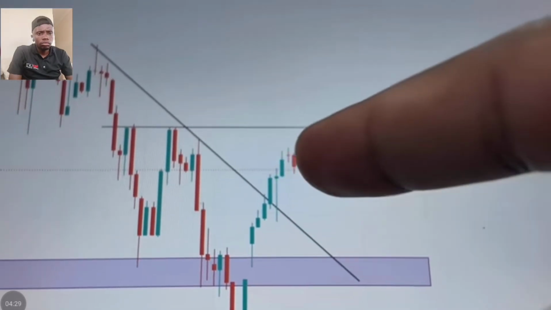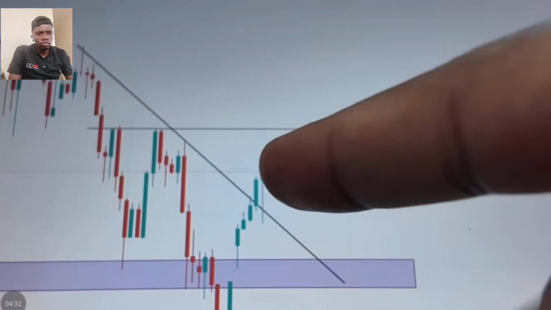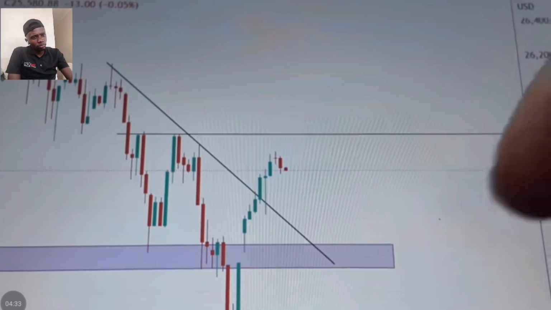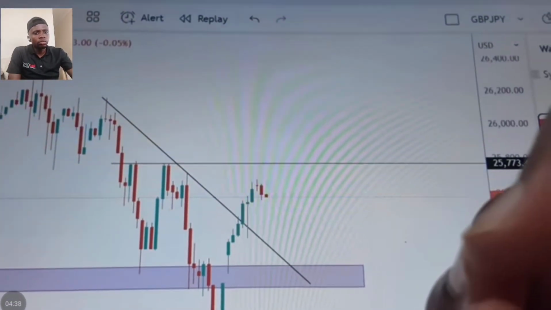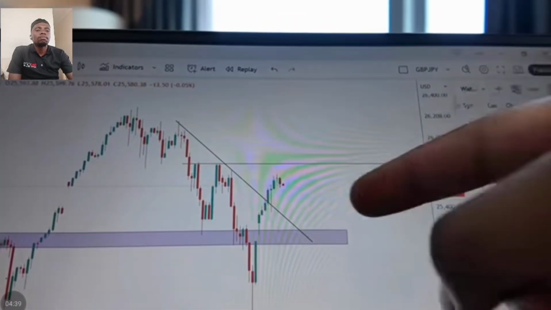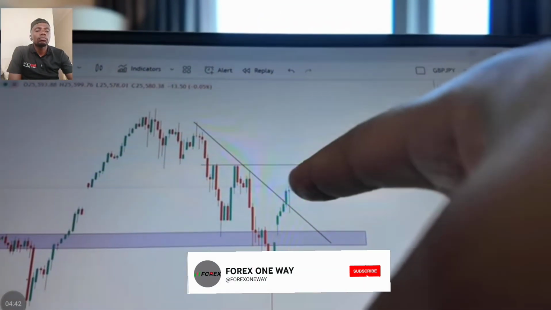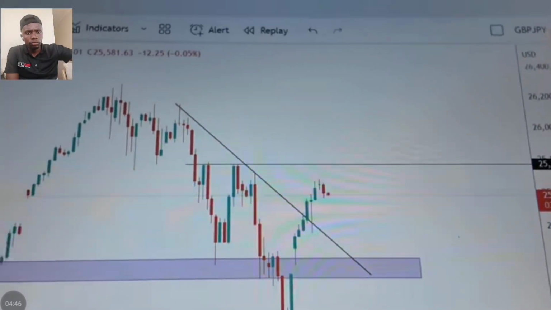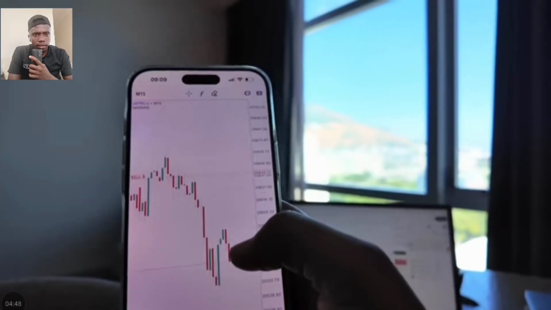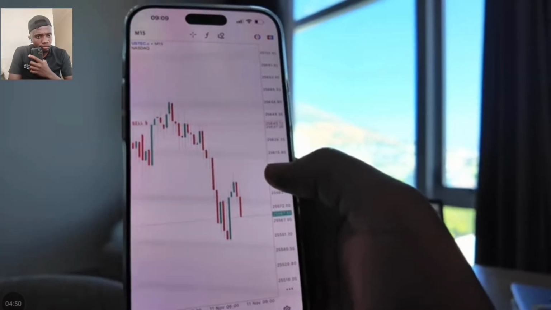So there's a chance that they're going to drop this market, and this is acting like a magnet, drawing the market towards it. For that reason, I entered the sell trade right at that spot, and my stop loss right above it. Let's write it down. Yep, just like that, as you can see.